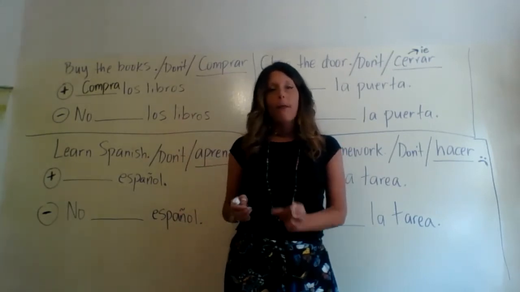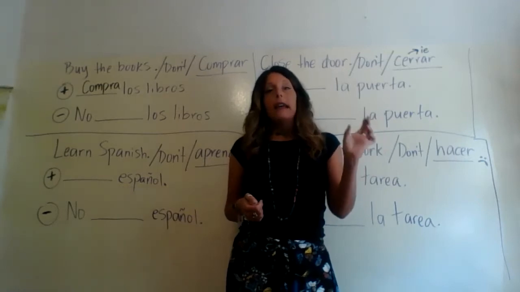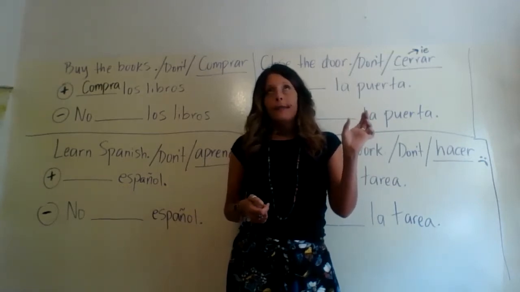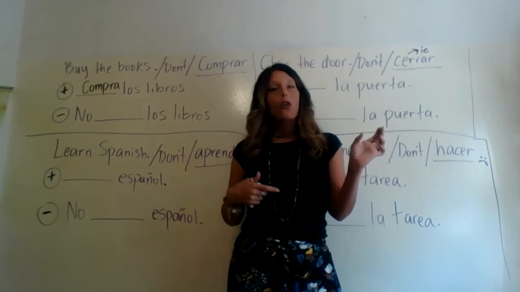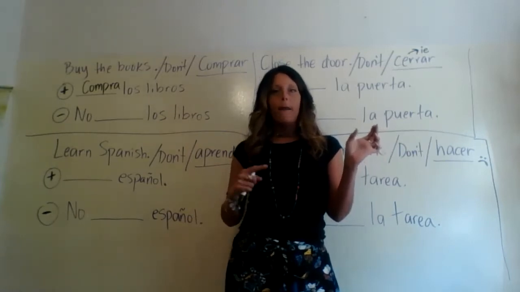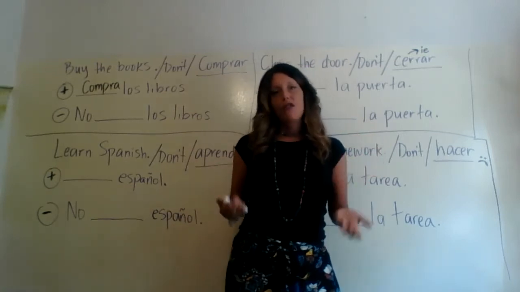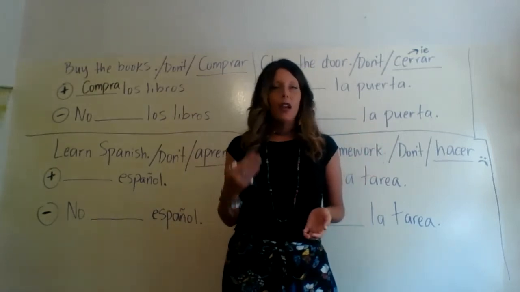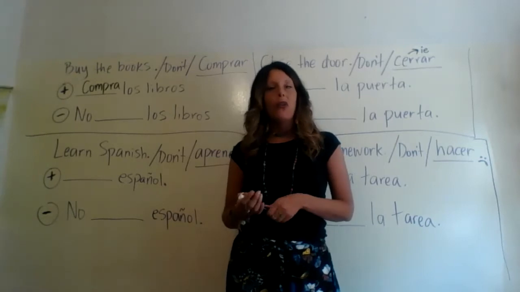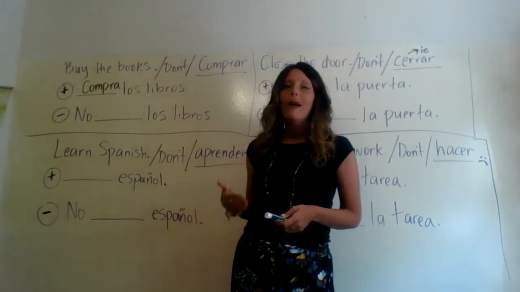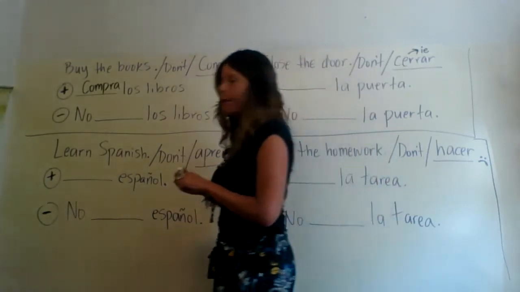Remember, coming from my starting point of the formal usted command, compre, C-O-M-P-R-E, and then adding an S to turn it into a negative informal tú command. So I will fill that in the blank, C-O-M-P-R-E-S.